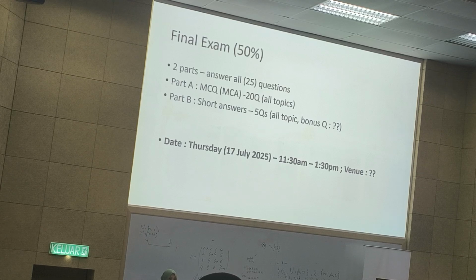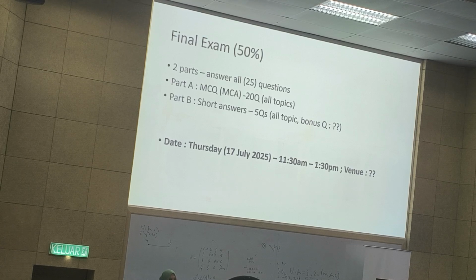You have 25 questions in total, and part A is MCQ with multiple answers, which means you have MCQ questions with multiple choice answers as well. Every question will have at least 2 answers up to 4.